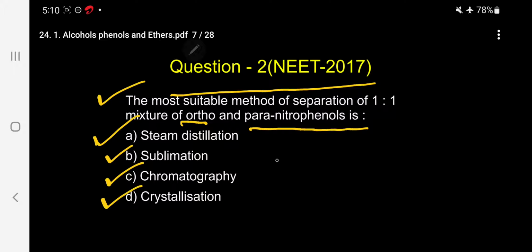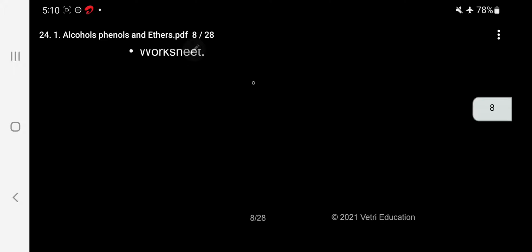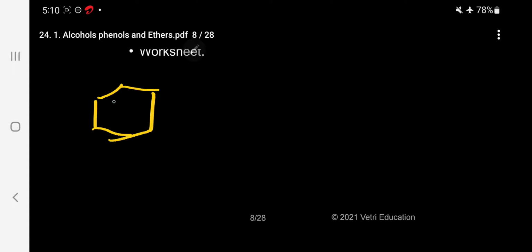Again, this question was asked under phenol, specifically nitrophenol. Kindly follow. So, let me start the question now. I will write the structure of orthonitrophenol and para-nitrophenol. This is the orthonitrophenol.